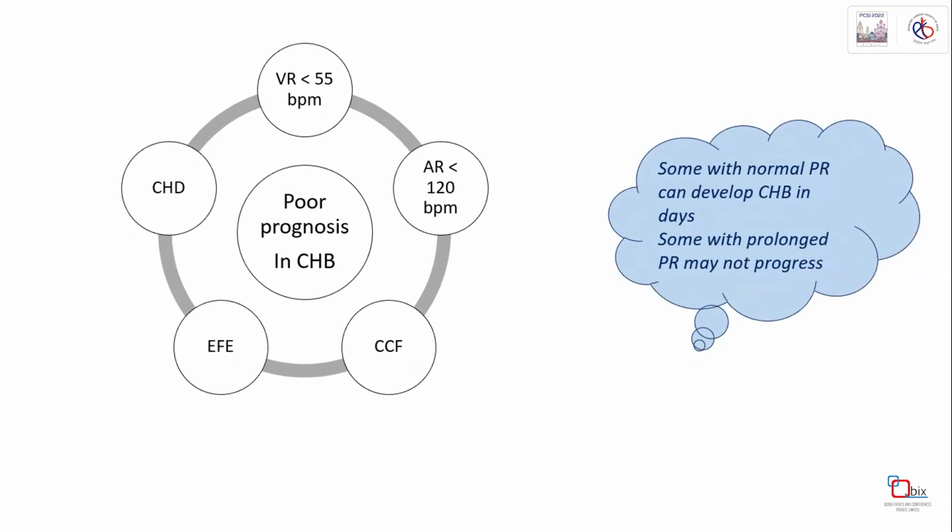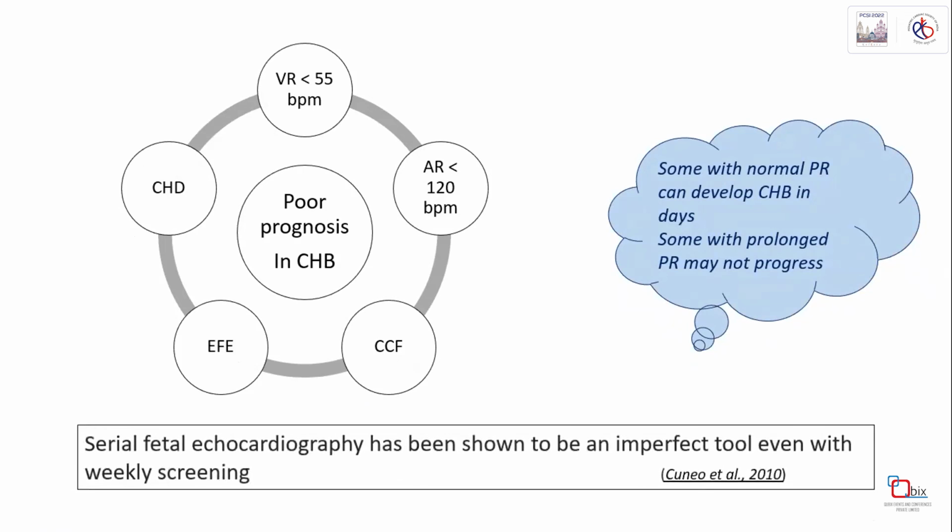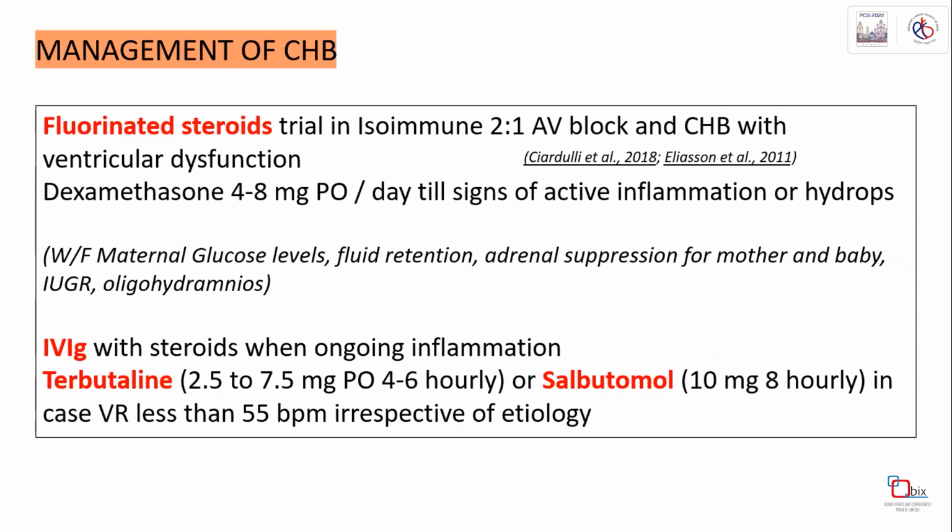Unfortunately, there is a lot of information about weekly follow-up or checking for long PR. However, remember that a normal PR can develop CHB within days. It's not considered to be a perfect tool, but still it's practiced. Steroids, dexamethasone 4 milligram, are recommended in second degree AV block.